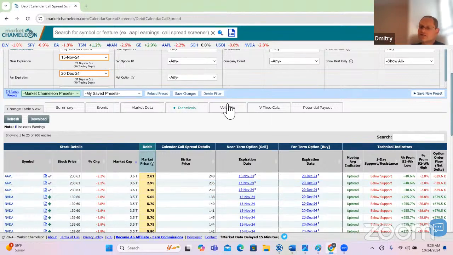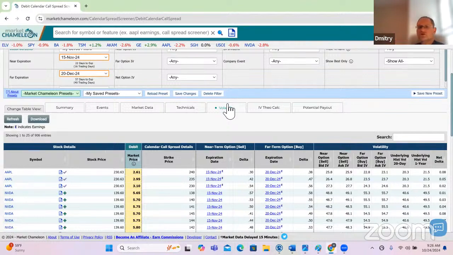The volatility is looking at these options and saying, okay, what are the implied volatilities of the options, the related implied vols, right? Because we were doing a horizontal spread, we have different expirations, so they could have different implied volatilities.